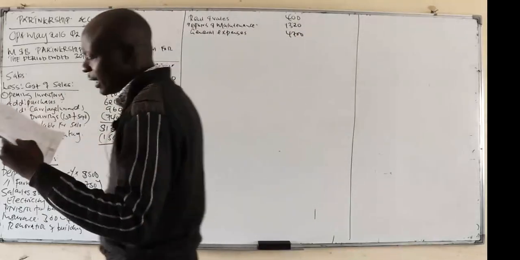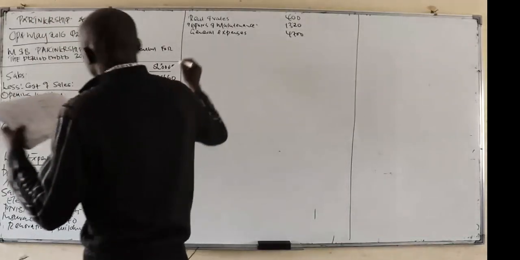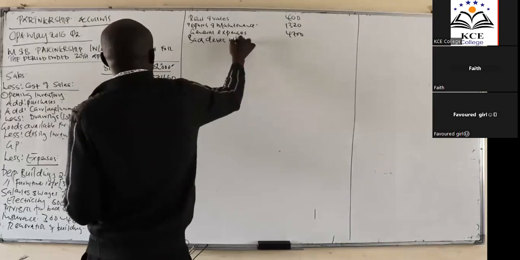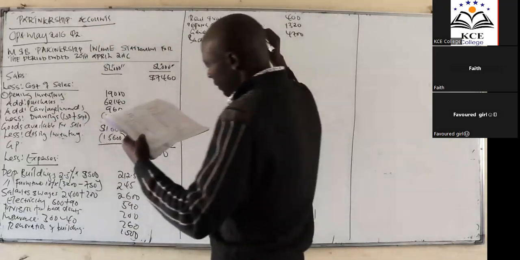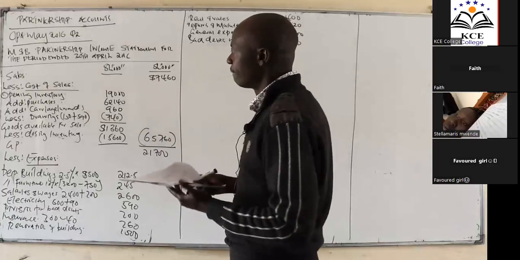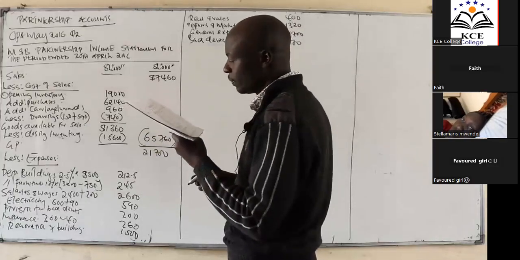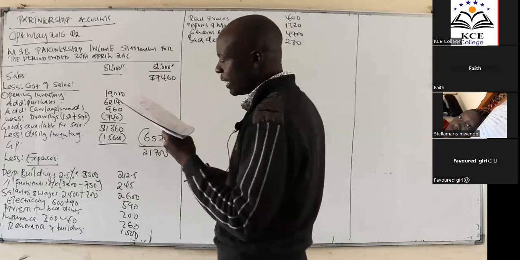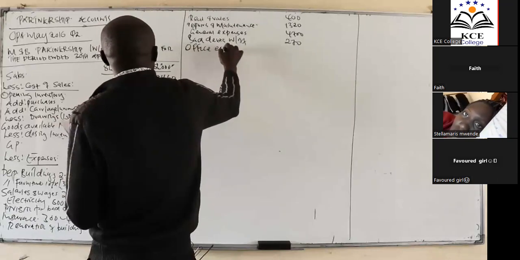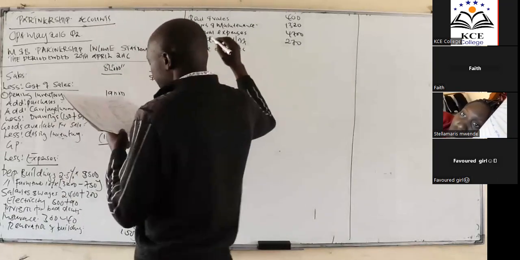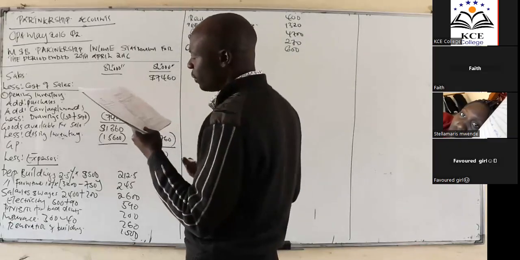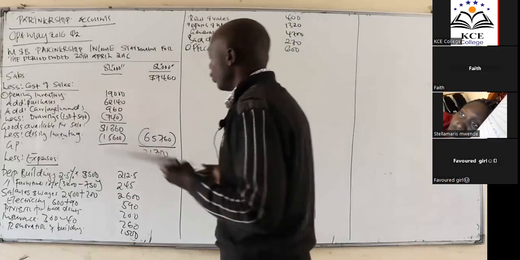Insurance, we have done it. Carriage inwards, we have done. Bad debts written off. How much is it? 270. And then we have office expenses. How much is the office expenses? 600. Provision for depreciation, cash. So those are the only expenses.